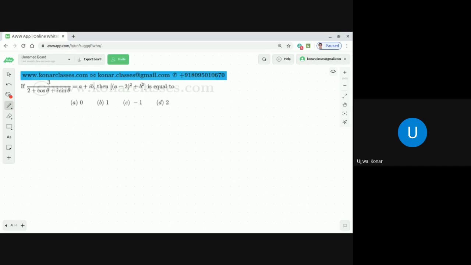So this question is an amalgamation of trigonometry and the fundamentals of complex numbers. Trigonometric simplification is more important.